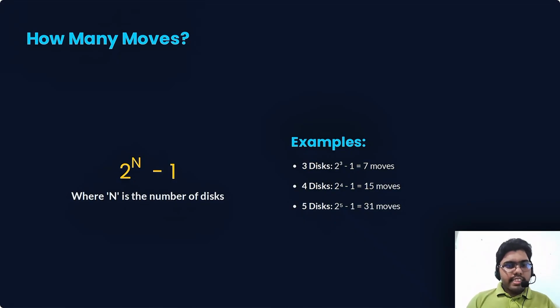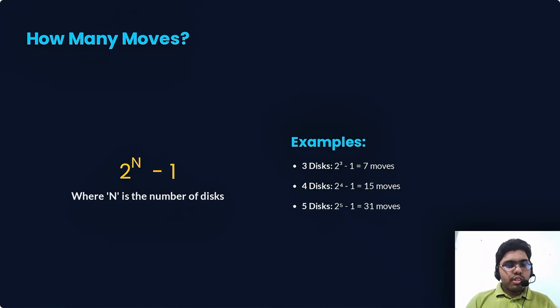Let's see some examples. For 3 disks, 2 to the power of 3 minus 1: 8 minus 1, 7 moves, which matches what we just did.